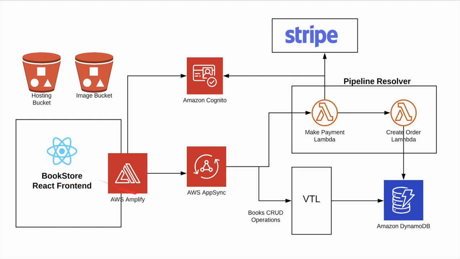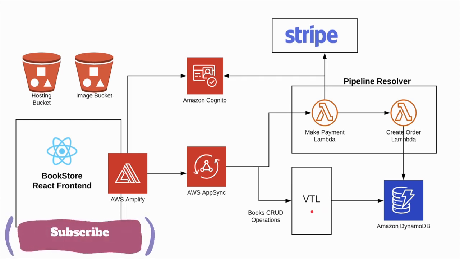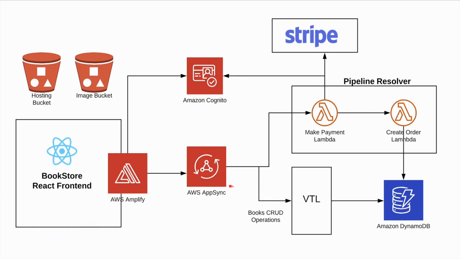Now in the React frontend, we have the Amplify library installed. We use the Amplify library to connect with our backend. As our backend, we have a GraphQL API, which is powered by AppSync, and that is going to handle CRUD operations for books, such as admin create books, user read books, etc. All these CRUD operations will be handled by VTL templates or Velocity templates, and the best part is we never have to write any of these templates because they are automatically provided by Amplify when we are configuring this API.